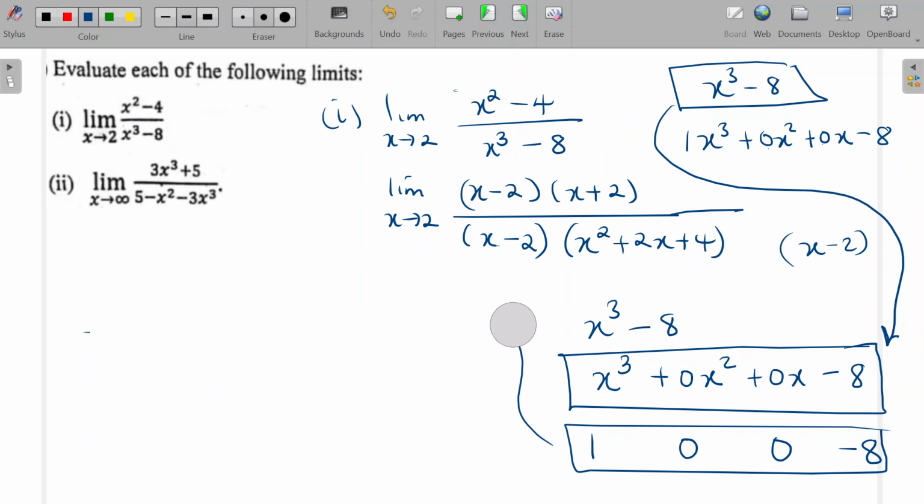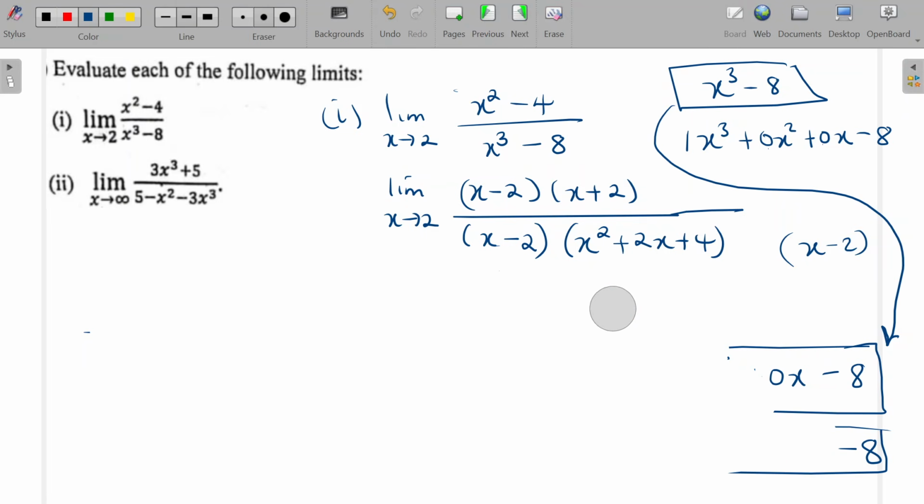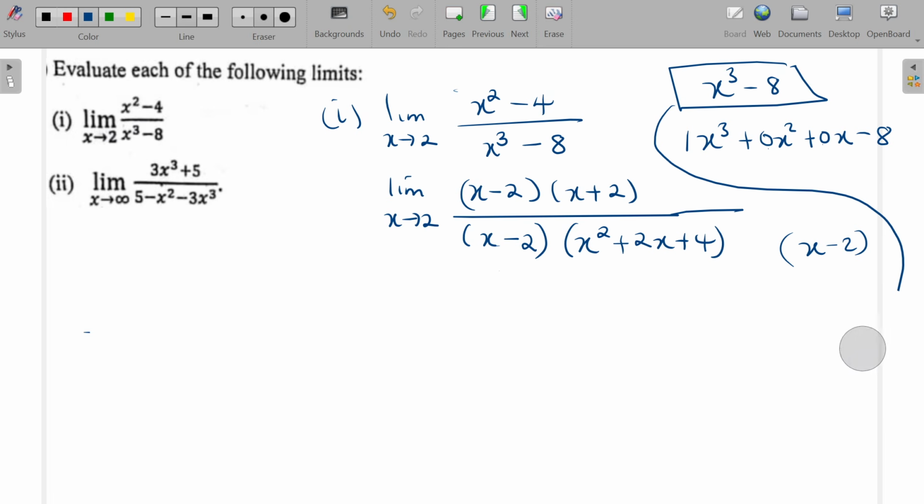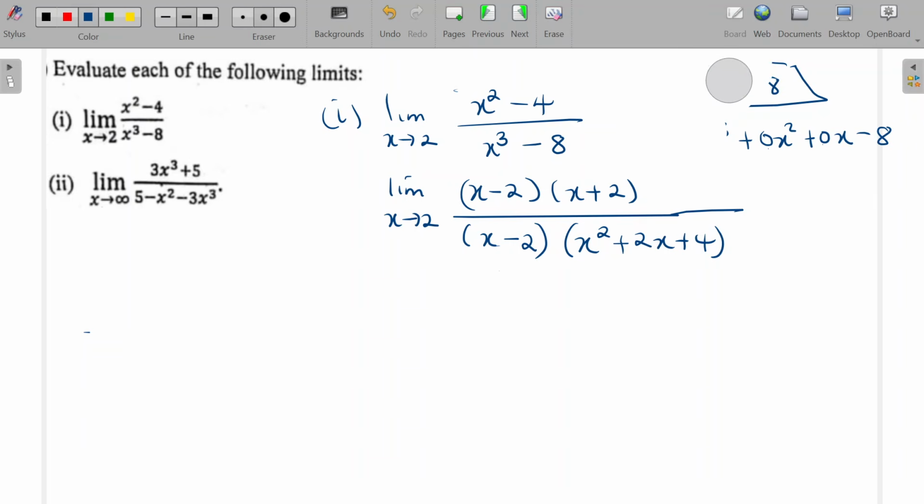You just have to be very careful with your calculations so that you don't make mistakes. So after you reach this point, you're going to cancel the common terms like this one, and this one will cancel. Then you're going to have limit as x approaches 2.